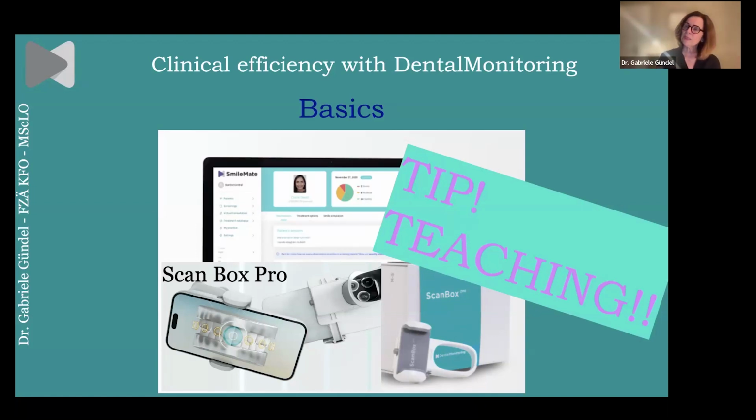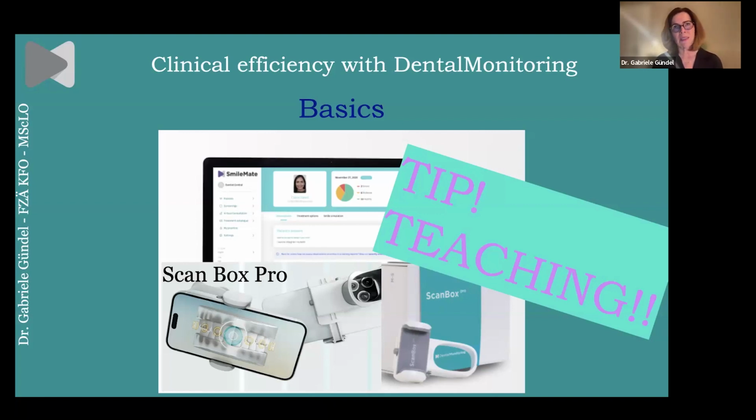We cannot work with this scan, please repeat. And this is very annoying for our patients. If they had to repeat a scan once or twice or 3 times, they get tired to do it. So the first scan should be the perfect one for dental monitoring and for the work the patients have with the dental monitoring concept.